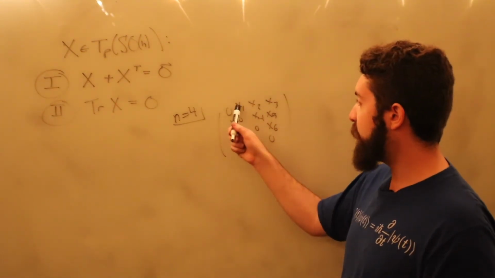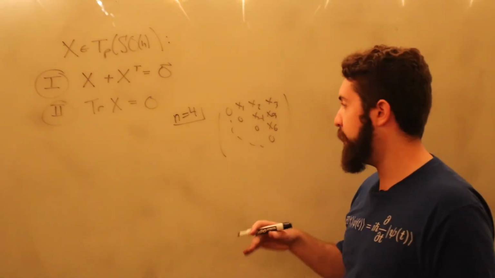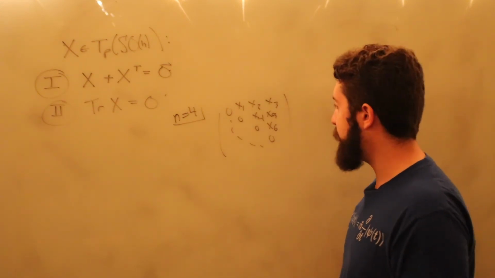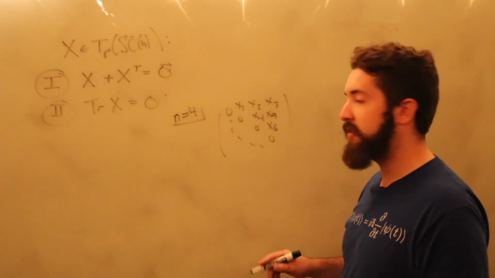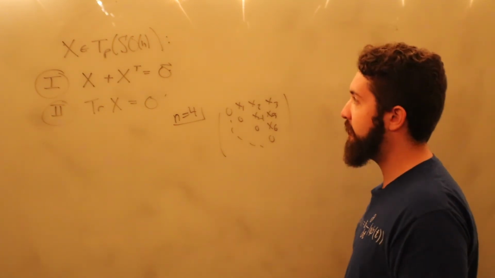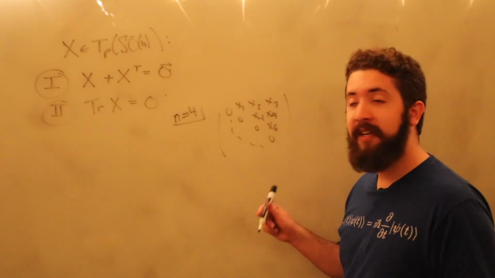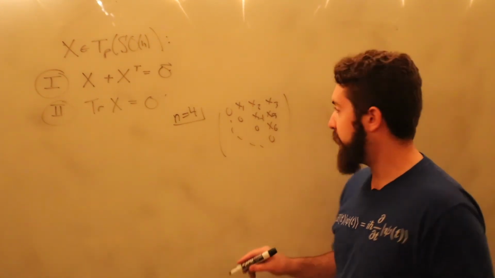But you notice that we have 6 entries which are independent variables. They can move however we want and they will satisfy these two properties. So that the tangent space to SO of 4 is 6-dimensional, and hence the rotation group in 4 dimensions is 6-dimensional.